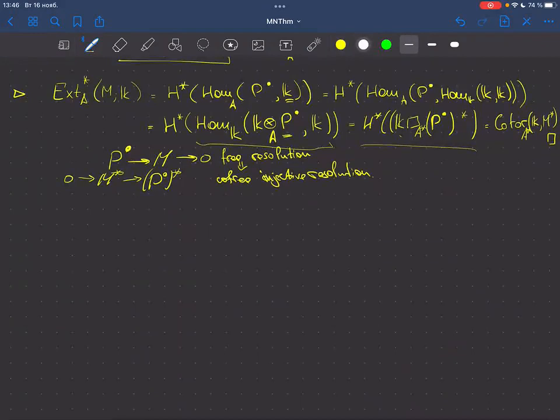Let's try to move on. So therefore we have the mod p Adams spectral sequence, with second page, we'll write it for MU.